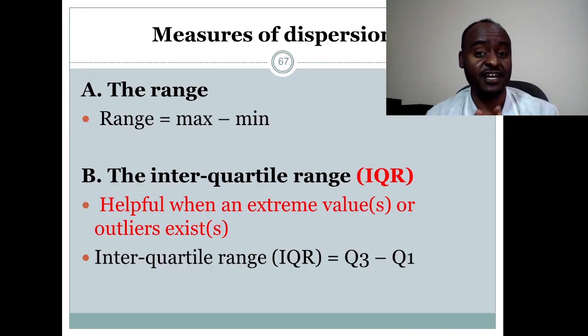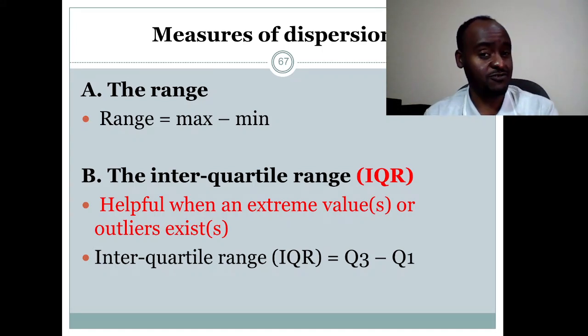If the range is very high, that means there is high variation in that data set. If the range is very low, that means the spread of the data set is not that big, right?